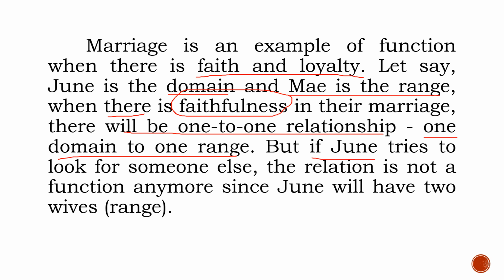But if June tries to look for someone else, for example, he decided to go with the Muslim community, or he decided to go with another girl, the relation is not a function anymore since June will have two wives.